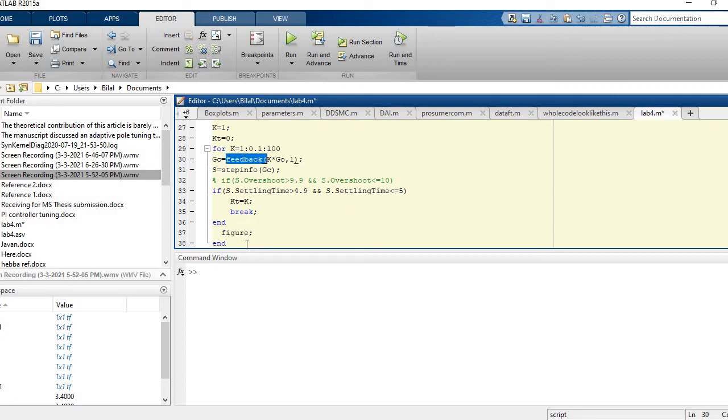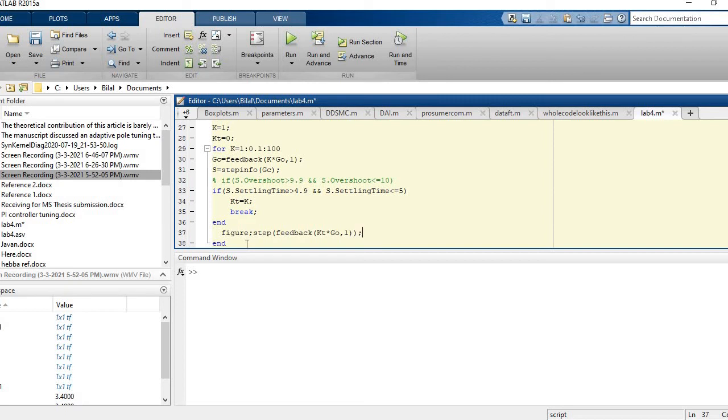I just copy this one and put step here, and put the feedback here. But I need T2 to do it.